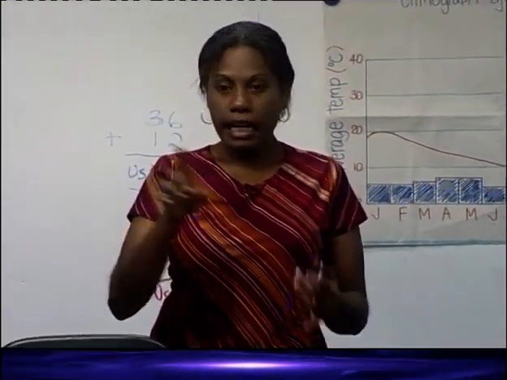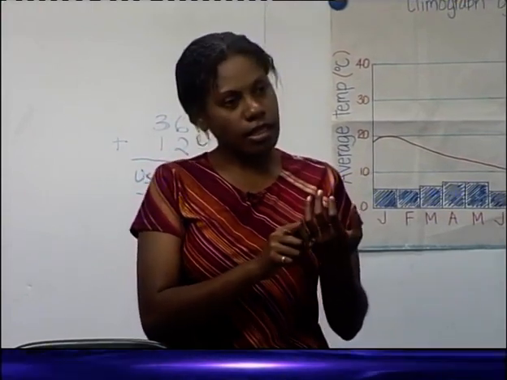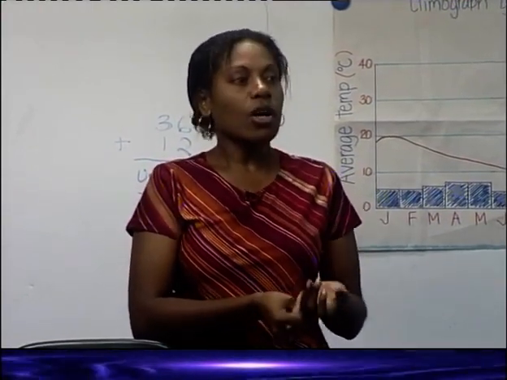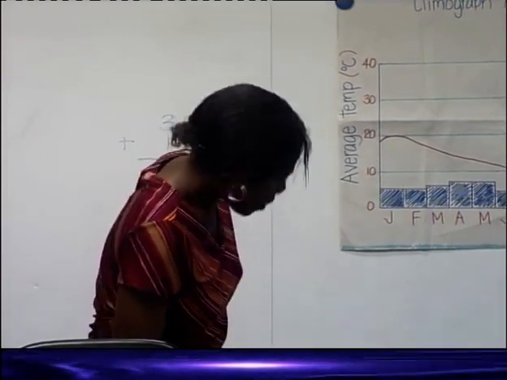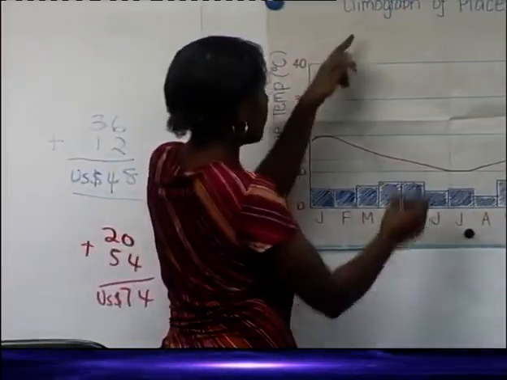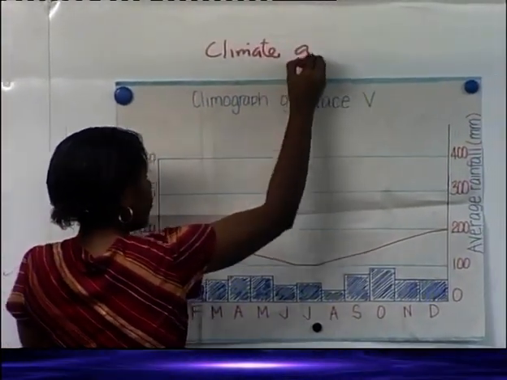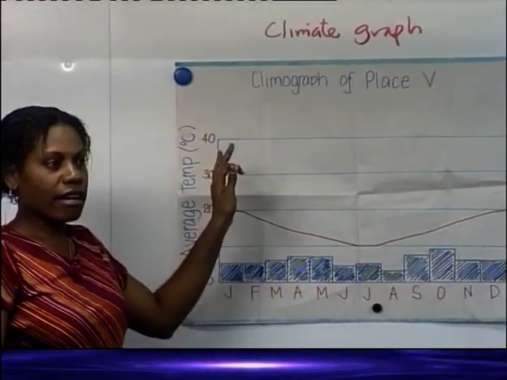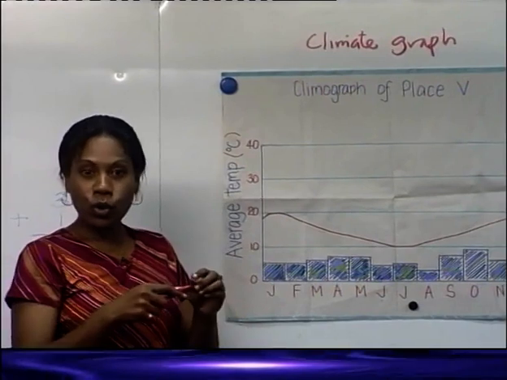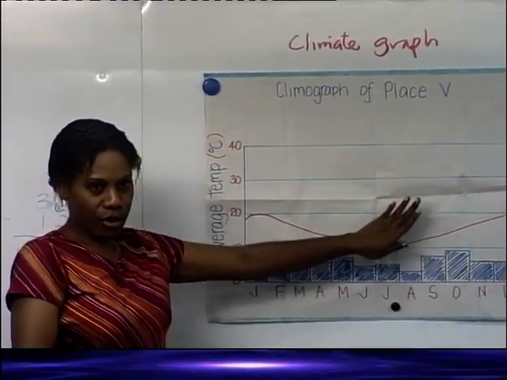Group 1, a climograph, or we can say a climate graph. It's either a climate graph or a climograph. So on a climate graph or climograph, we have 2 sets of information, or 2 graphs, right?